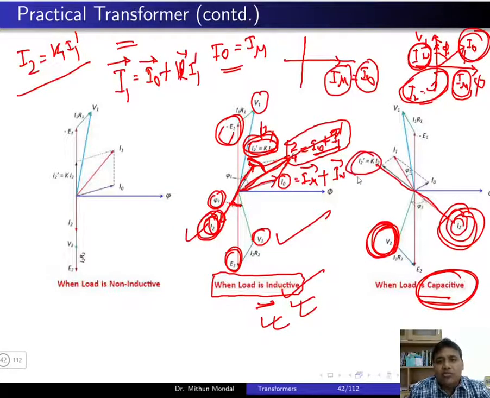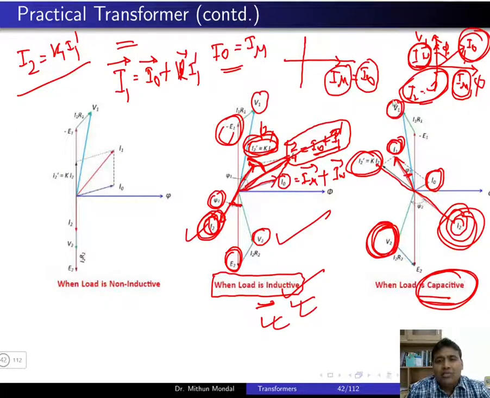So K into I2 is here, whereas I naught, which is the no load component of the current, is here. So the total sum of the current I naught and I2 dash will lead to the current I1 here, right? Then you will have an angle difference between V1 and I1 as phi 1.